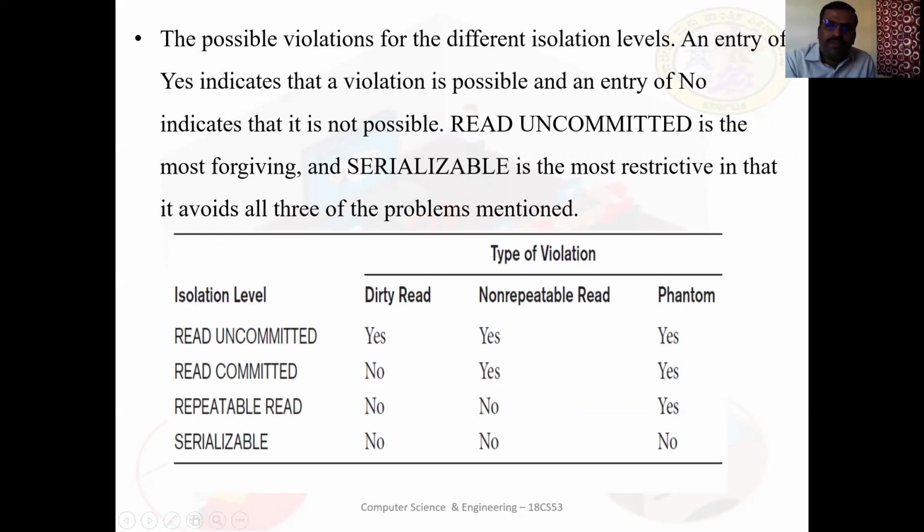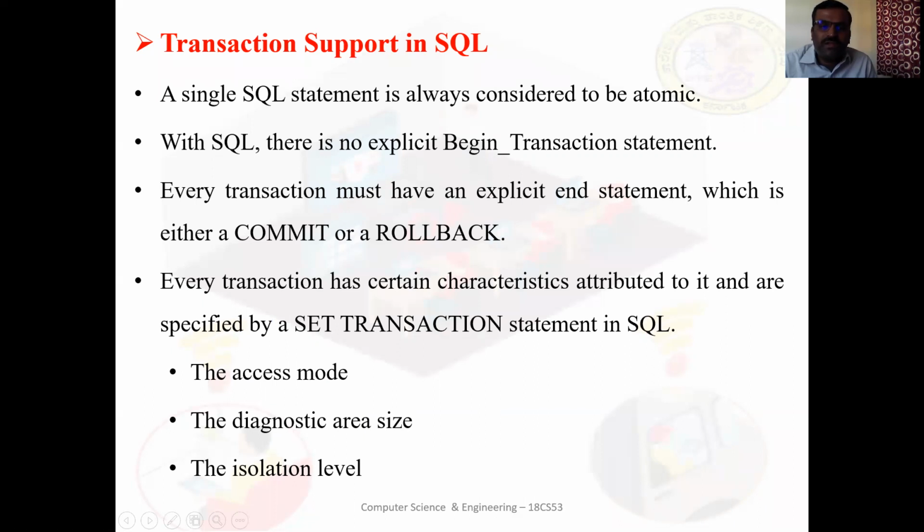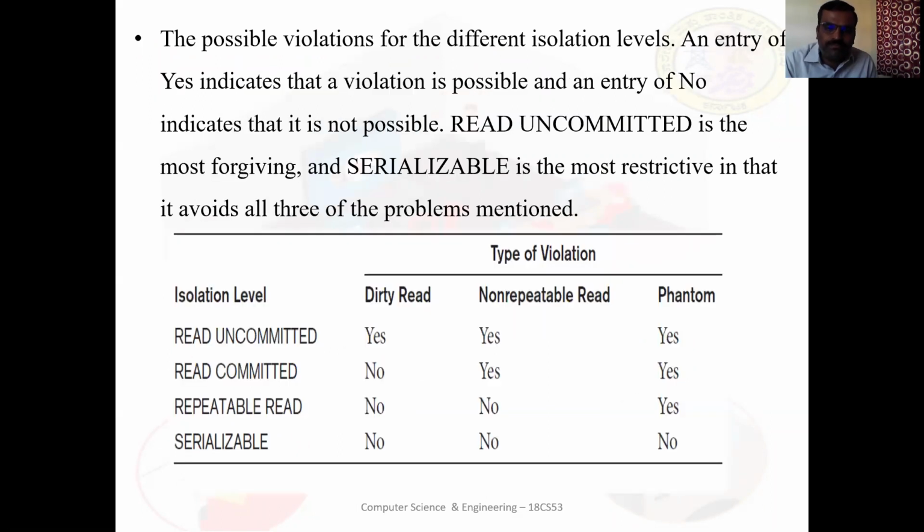This is the summary of the three modes or characteristics of transaction support in SQL: the possible violations for the different isolation levels. An entry of yes indicates that a violation is possible and an entry of no indicates that it is not possible.